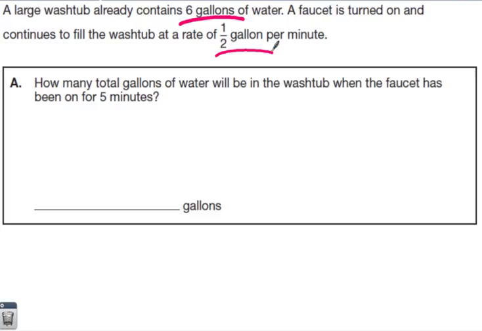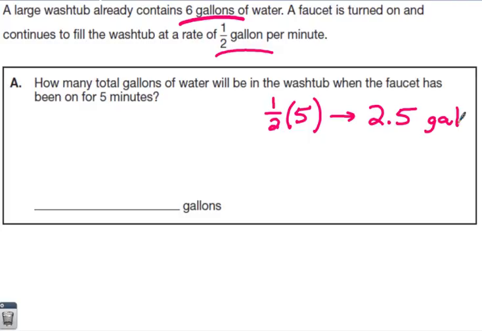5 minutes. So at a half of a gallon for every minute for 5 minutes, that's a simple little multiplication situation. And 1/2 times 5 should be 2.5 gallons.